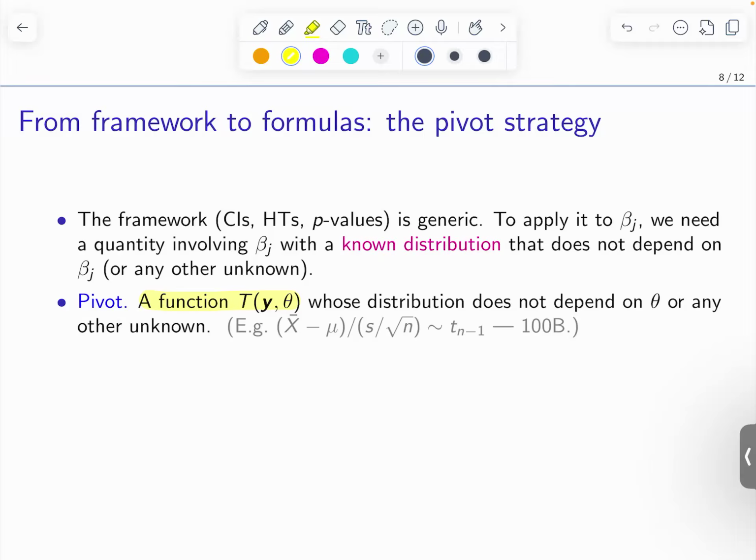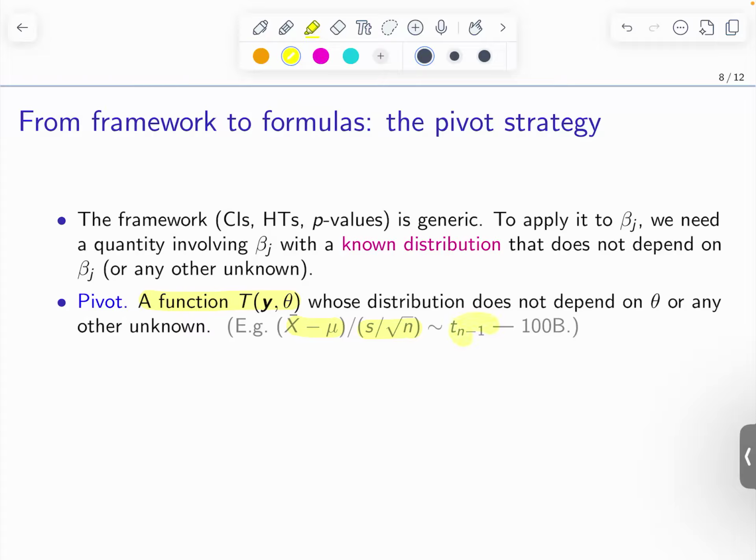An example from earlier courses, let's say 100B or some other earlier course, is that when you try to estimate the mean of a population, you look at the sample mean, you subtract the mean mu, which is the unknown parameter, and you divide by the standard error, S over root n. This quantity will have a t distribution with n minus 1 degrees of freedom.